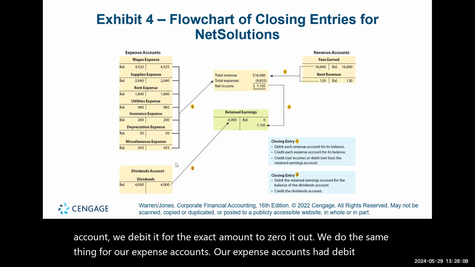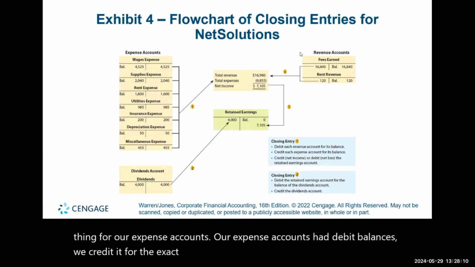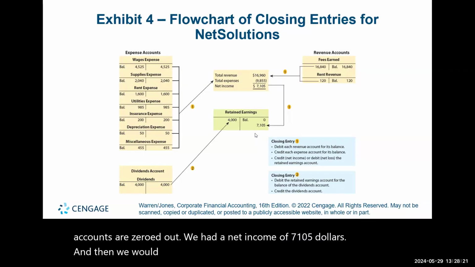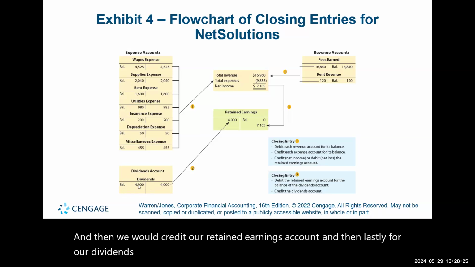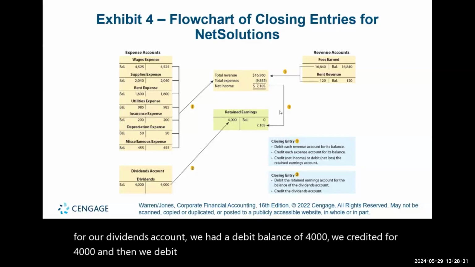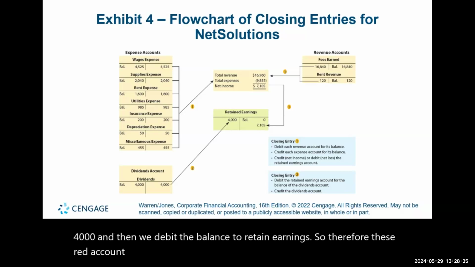We credit them for the exact amount to ensure that our revenue and expense accounts are zeroed out. We had a net income of $7,105, and then we would credit our retained earnings account. Lastly, for our dividends account, we had a debit balance of $4,000. We credit it for $4,000, and then we debit the balance to retained earnings. Therefore, these red account balances are now zero.